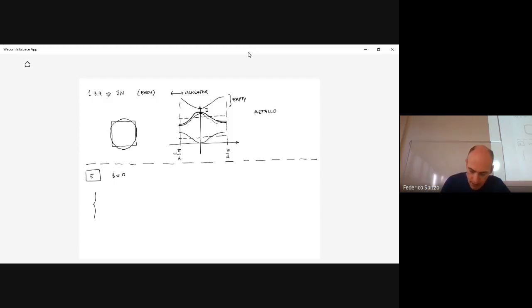In this case, the semi-classical equations are these two equations.